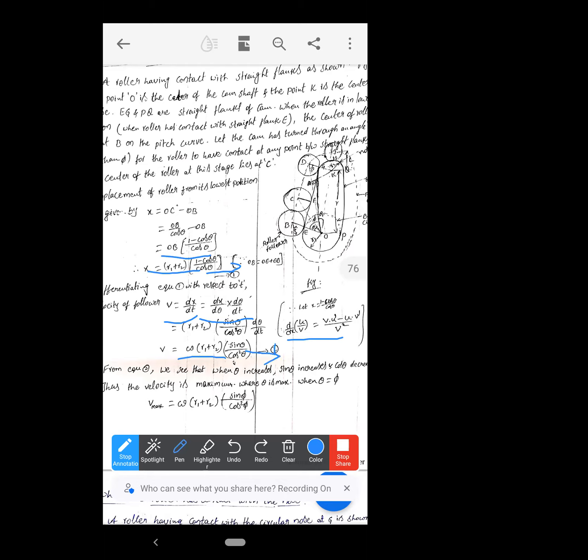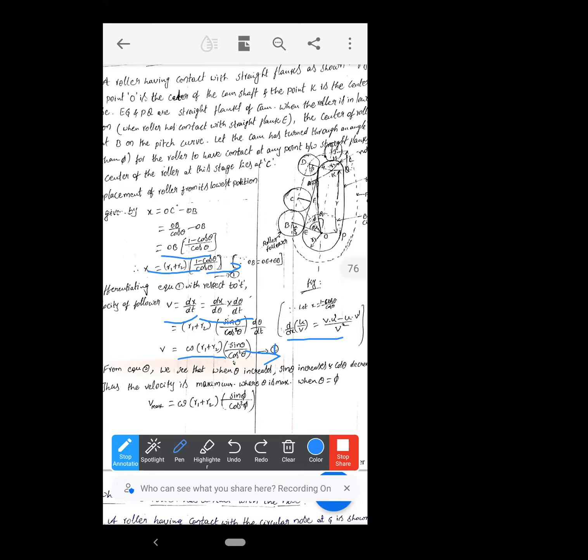Earlier we already found the displacement value. Now we have the velocity value. In this, we have to find the maximum velocity. For getting the maximum velocity, going from the first position to the second position, the angular displacement is only theta.